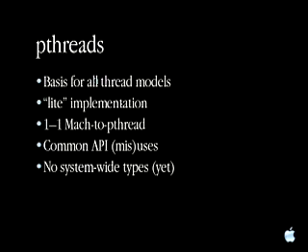I put in quotes there, it's a light implementation. The history behind that is when we were trying to decide on an API that we could use to implement those higher level threading models, we chose pthreads, and the implementation decisions were driven by those higher level APIs.